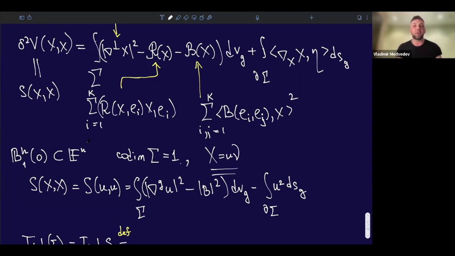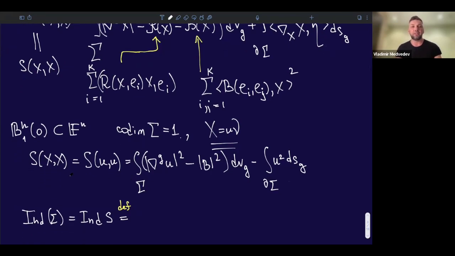Moreover, since E^n is flat, not curved, you don't have the Ricci term, and our formula for the second variation simplifies. It takes the following form: the length of the gradient of u squared, minus the length of the second fundamental form squared times u squared, minus the boundary term.